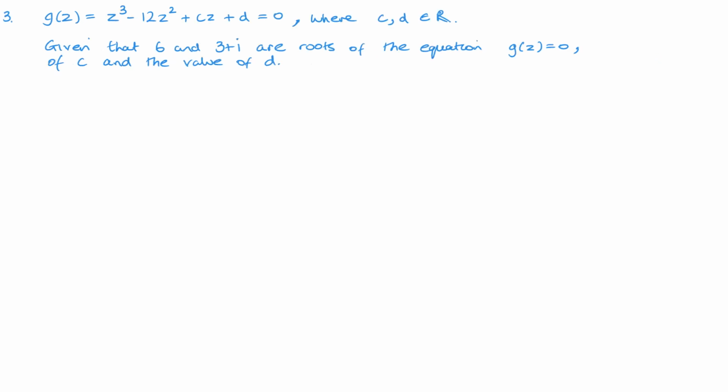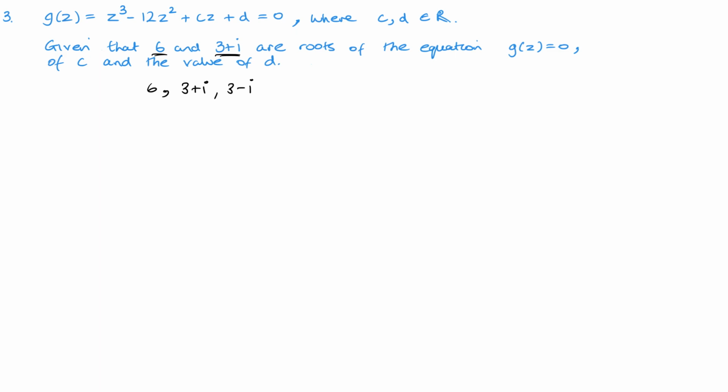Okay, this is not too difficult, but since it's a little bit different, I thought I'd talk you through it. So we know that 6 is a root and 3 plus i is a root. So we know that 6, 3 plus i, and 3 minus i are the roots of this equation.